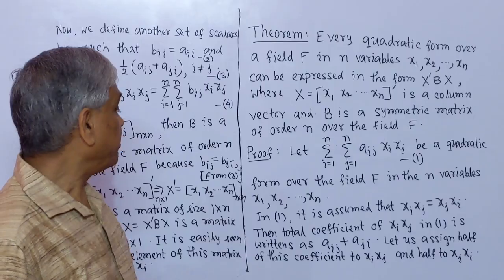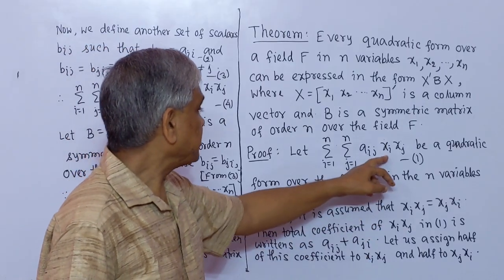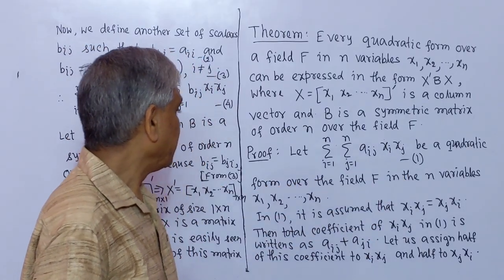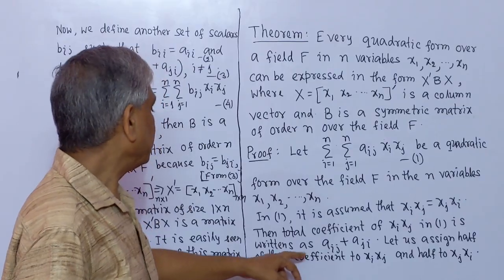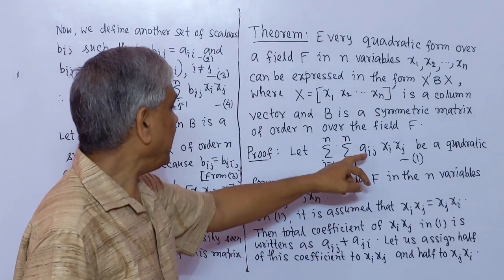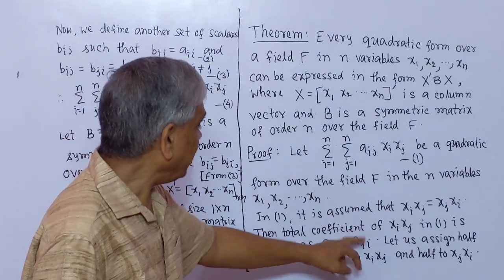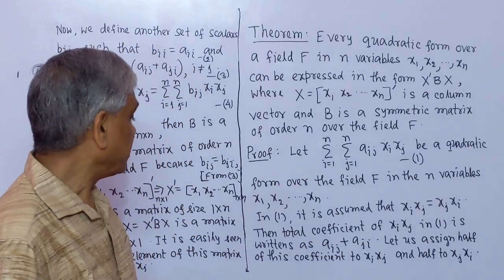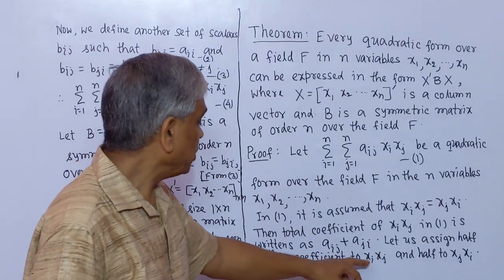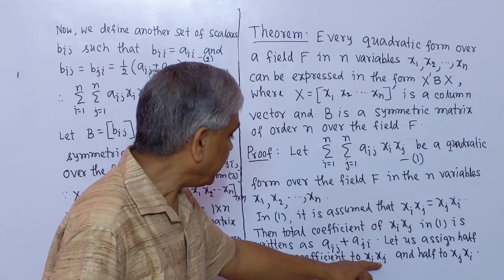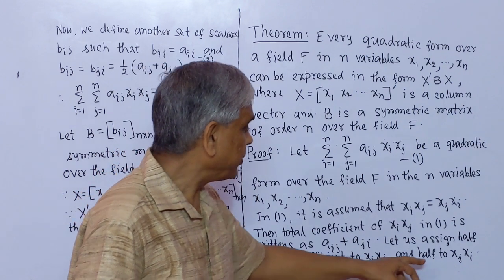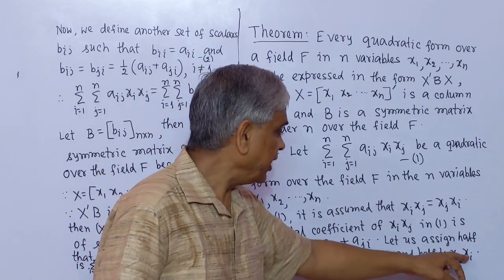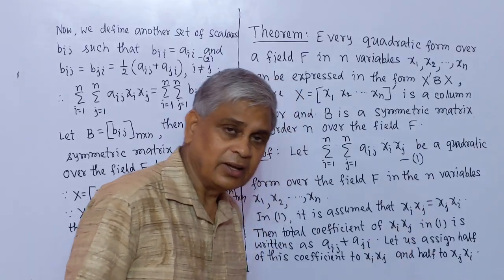Then total coefficient of xi multiply xj in 1 is written as aij plus aji. Let us assign half of this coefficient to xi multiply xj and half to xj multiply xi.